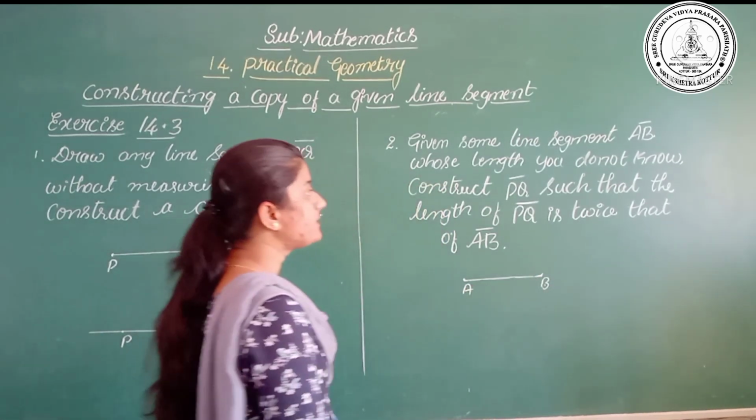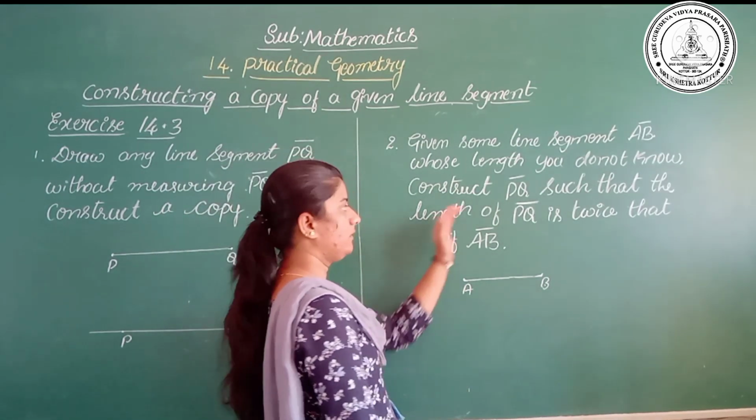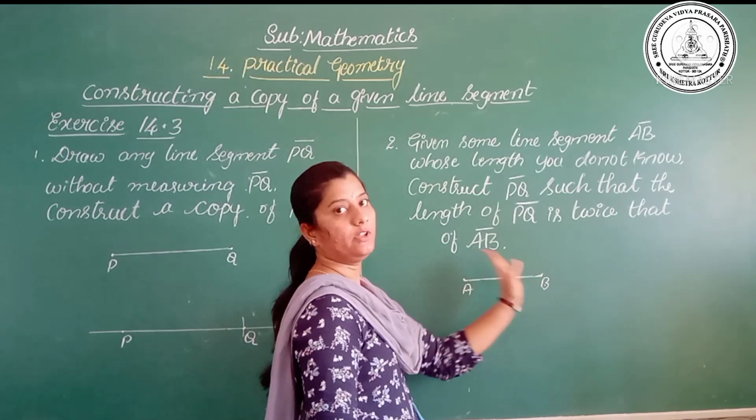So now I want to construct a PQ line segment. For the PQ line segment, they said twice that of AB.